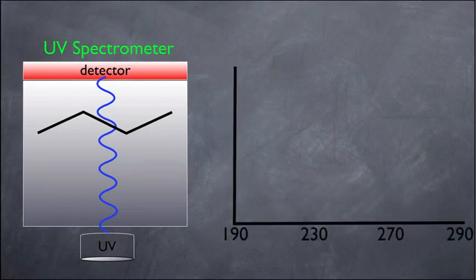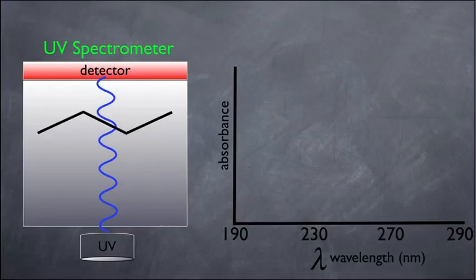On the y-axis here, we have absorbance, all right? And on the x-axis, we have the wavelengths in nanometers for UV light, okay? And since the detector detects the light, it basically says there was no absorption, right? Your molecule absorbed none of the light. So you'd get a flat line like this, okay?